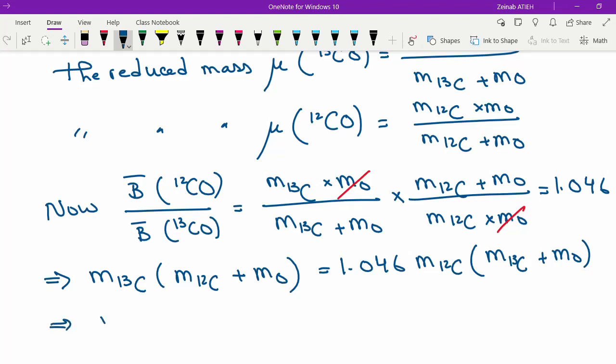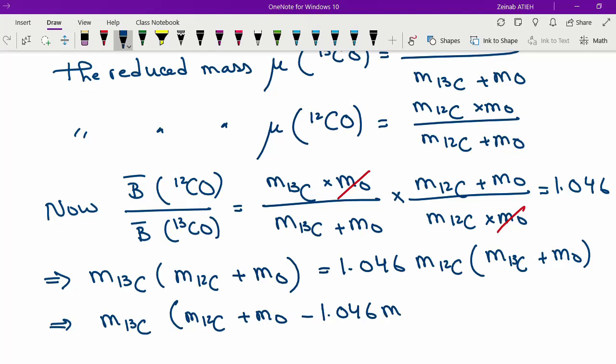We will get the mass of C13 into the mass of C12 plus the mass of O, minus 1.046 mass of C12 times mass of C13, and there remains 1.046 mass of C12 multiplied by the mass of O. You can expand and then grab them to one side as you like.